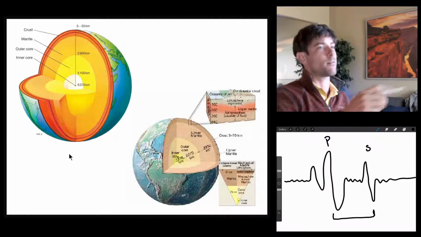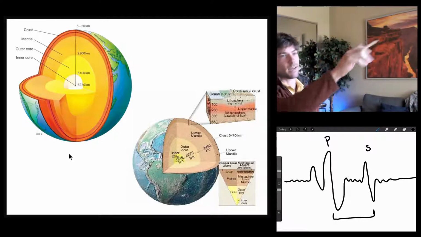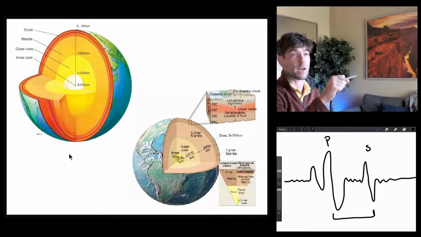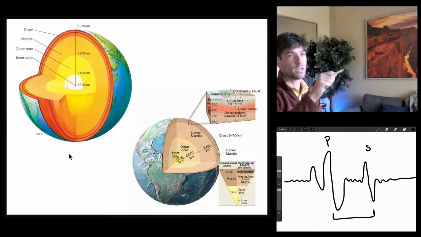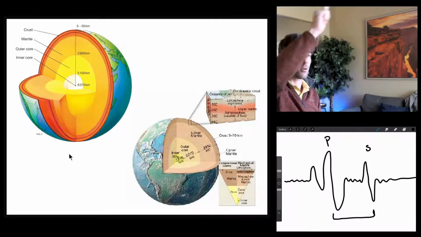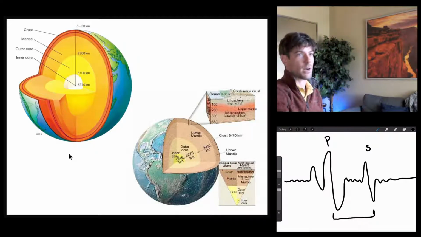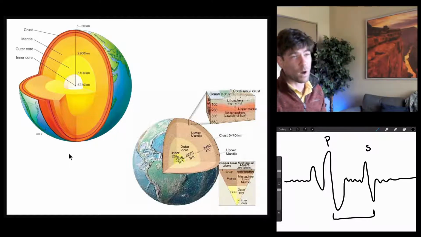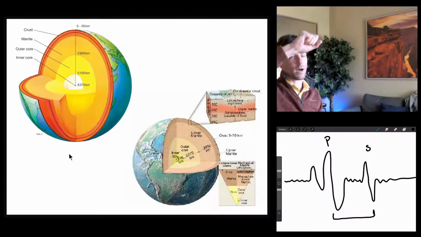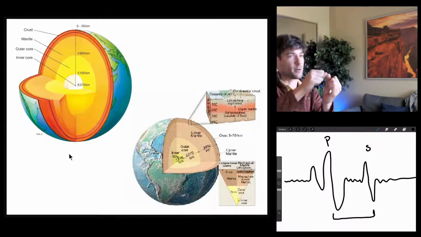Let's say I have a friend that's way over there, and I'm holding one end of this spring, and they're holding the other end. I can take the spring and go like this, and it's going to create this wave that travels like this, up and down. That's one type of wave. That's a shear wave, because as I move the material up, it pulls on the material in front of it.